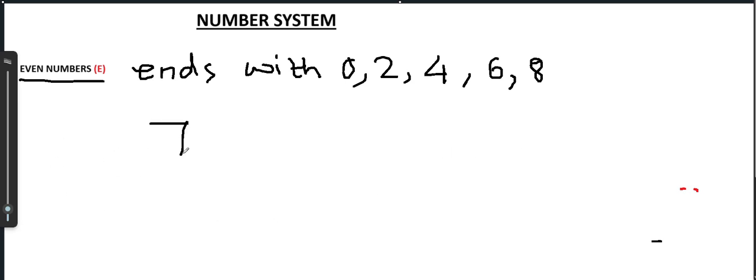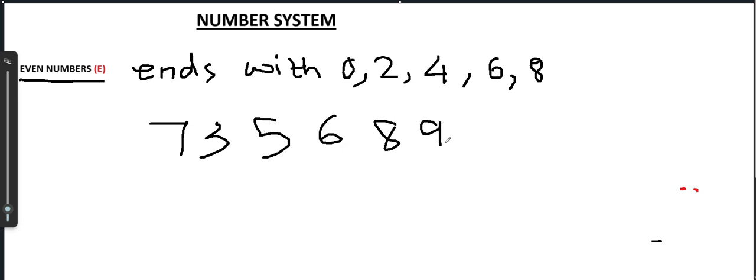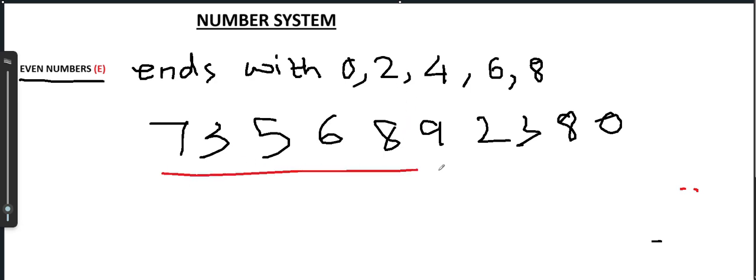I have a super big number with me: 7, 3, 5, 6, 8, 9, 2, 3, 8 and a 0. I ask you, can you please tell me whether this whole number is odd or even?